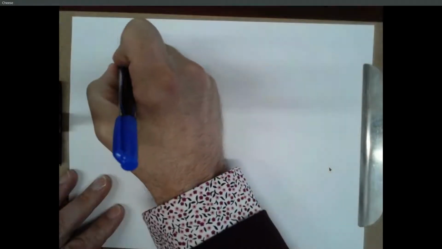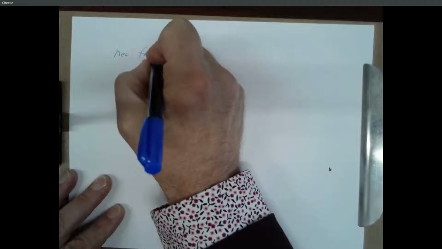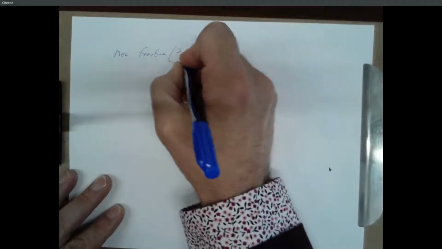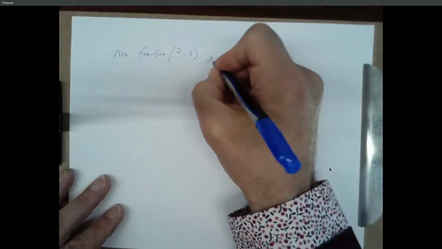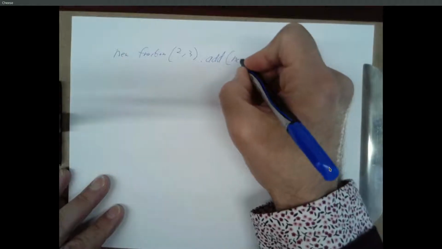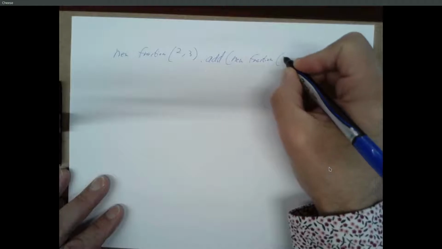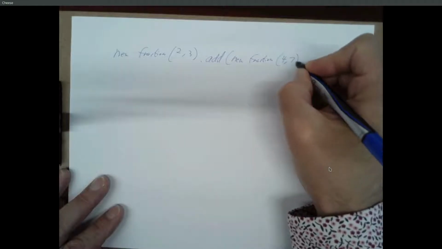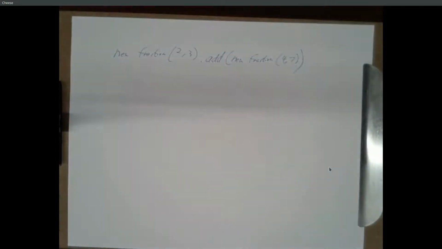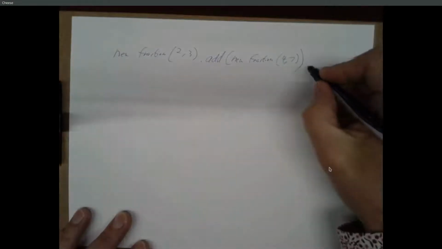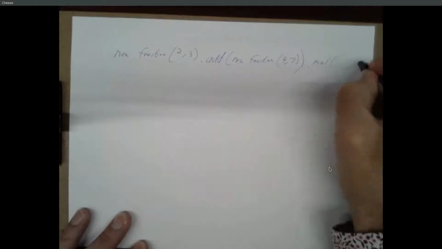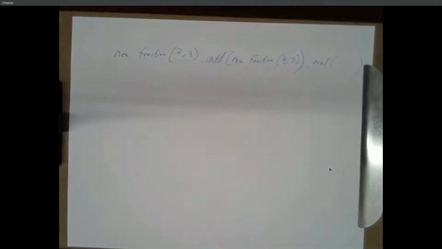So I can say like new fraction 2, 3, and I want to add to that the fraction 4/7, and that's going to be a fraction. So if that's a fraction, it's got a bunch of methods to it. I could have a method dot multiply, and so on and so forth.